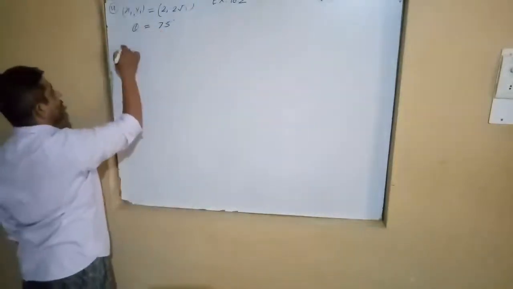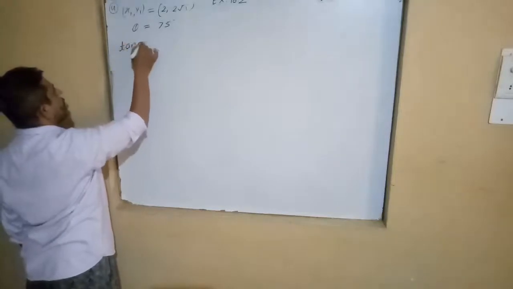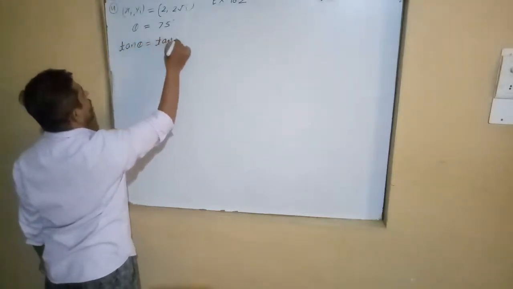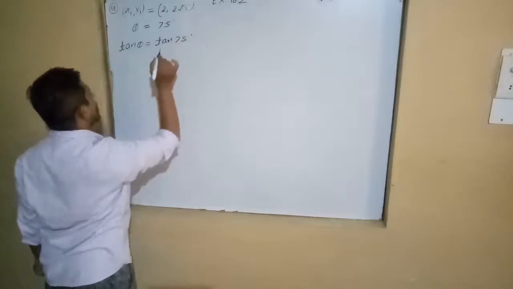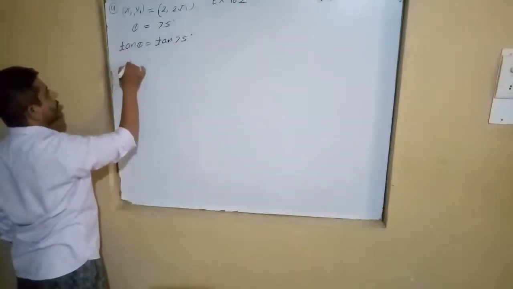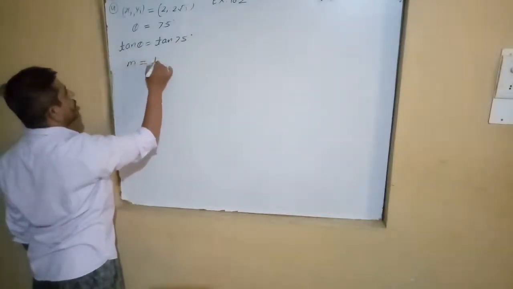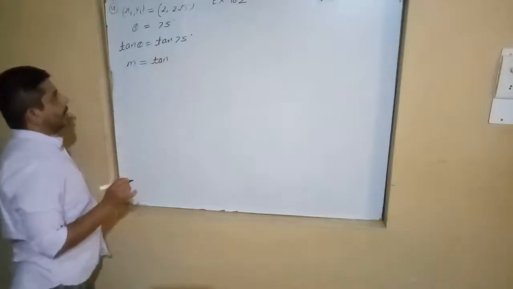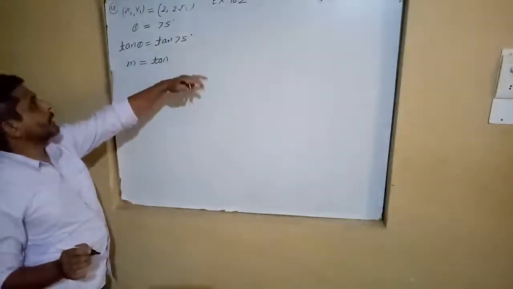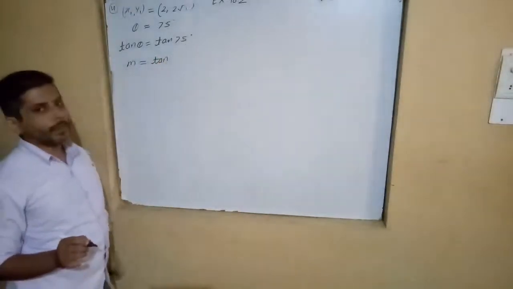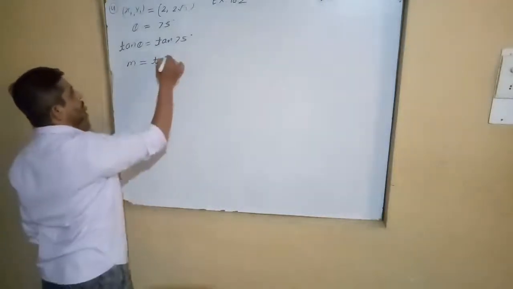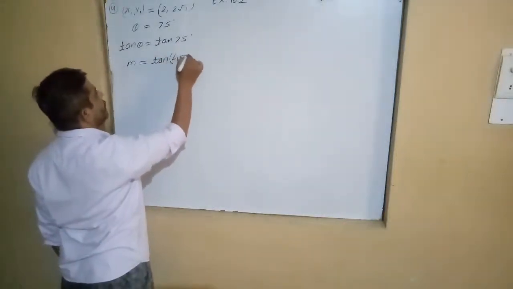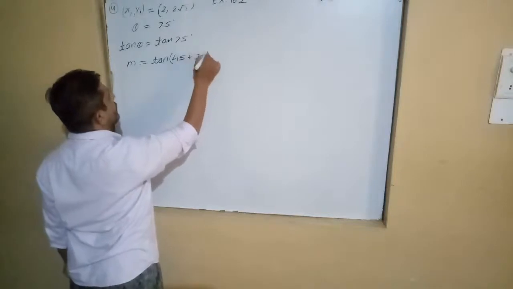Taking tan on both sides, tan theta is equal to tan 75 degrees, and tan theta is denoted by m. M is equal to tan 75 degrees, and we don't know its value directly, so we can split it in the form of 45 and 30.